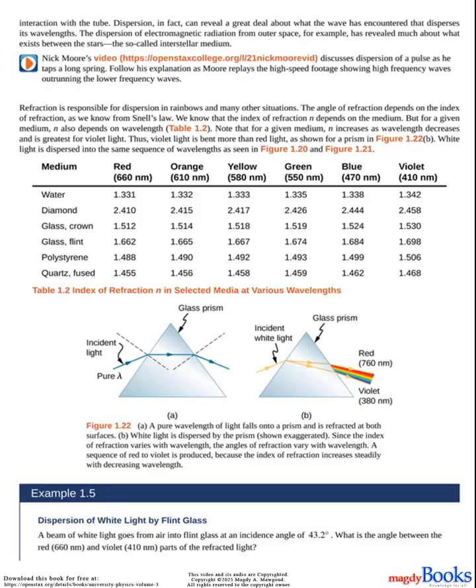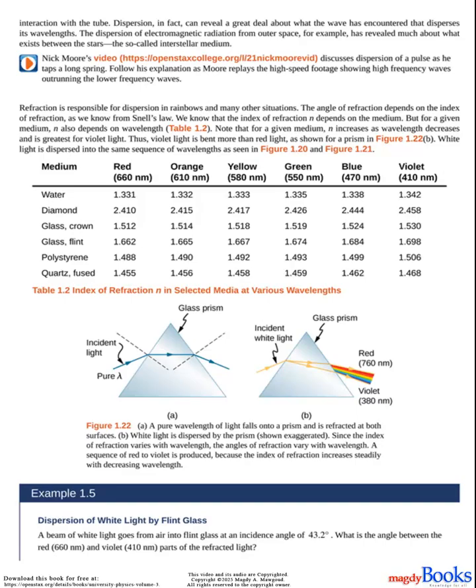Table 1.2. Medium. Red, 660 nm. Orange, 610 nm. Yellow, 580 nm. Green, 550 nm. Blue, 470 nm. Violet, 410 nm. 1.